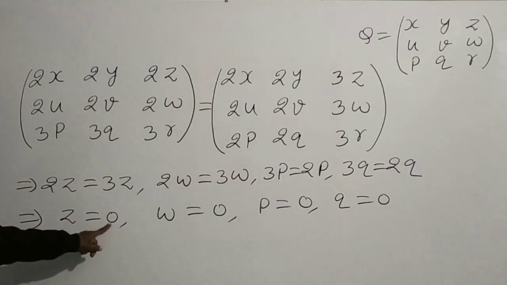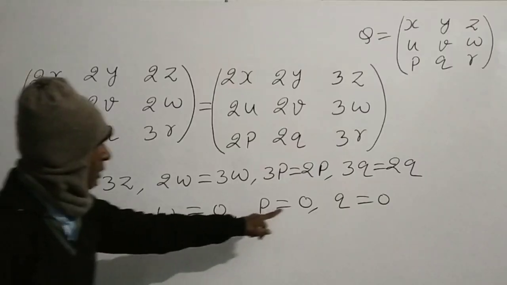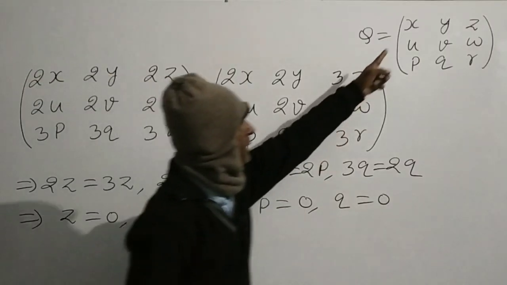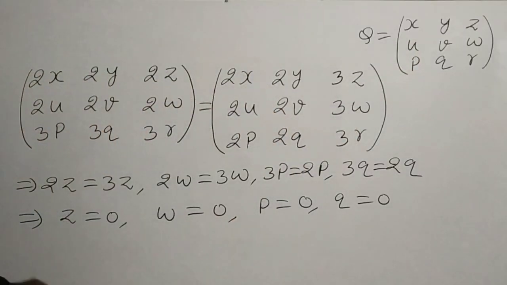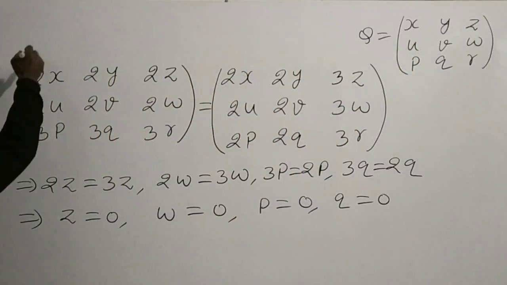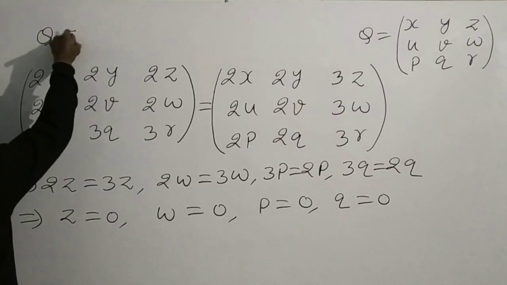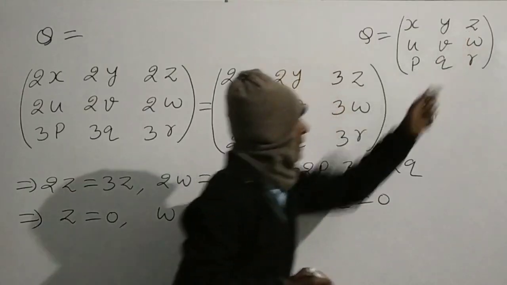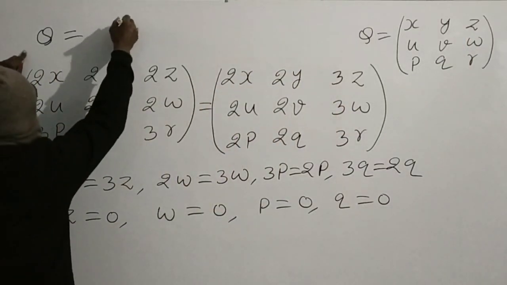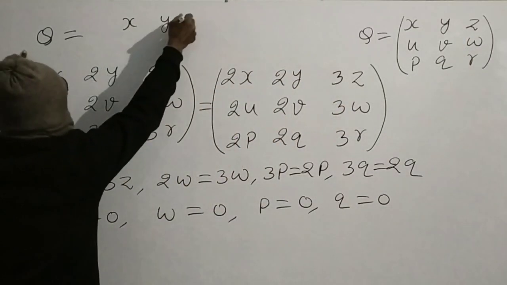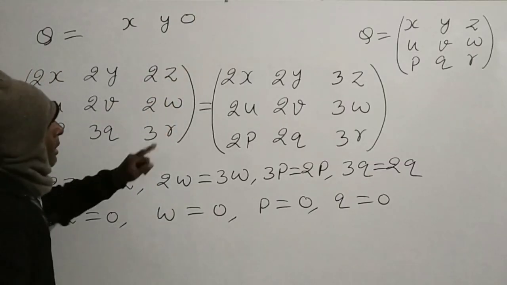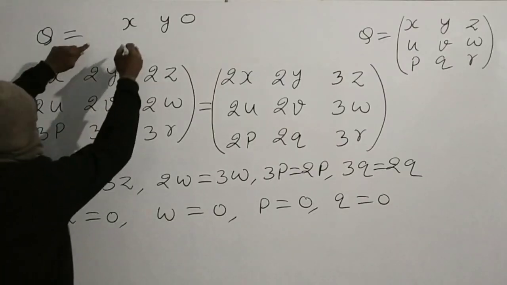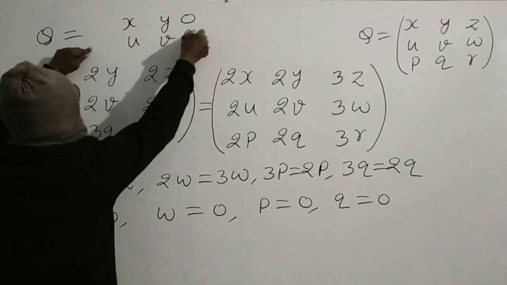When we put 0 in place of z, w, p, q in this matrix, we get matrix Q like this. Q is equal to x, y, z, but z is 0: x, y, 0. u, v, w, but w is 0: u, v, 0.